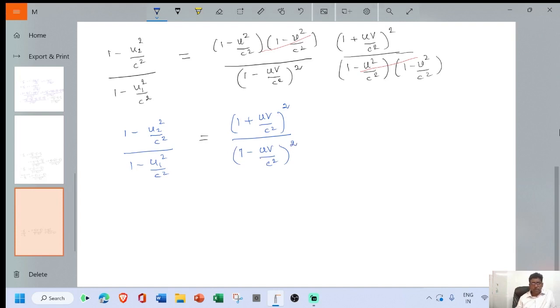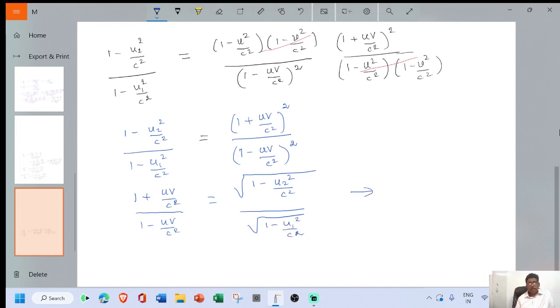From this, 1 plus uv by c square divided by 1 minus uv by c square is root of 1 minus u2 square by c square whole divided by root of 1 minus u1 square by c square. Keep this as equation number 3, I hope.